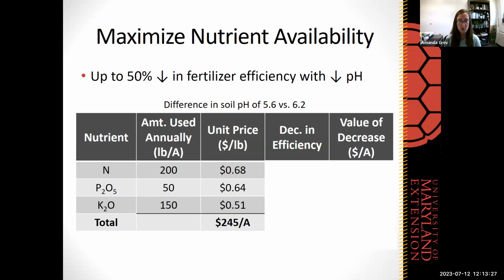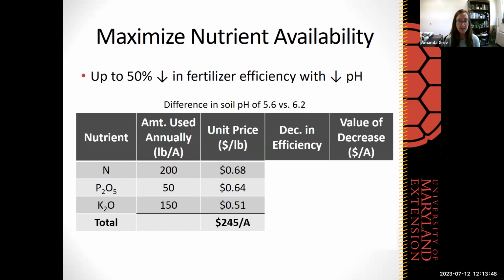So a little bit more neutral, more in that ideal 6 to 7 range. And what you see here is our three major nutrients, so nitrogen, P2O5, K2O, and I just plugged in some numbers for an annual use. This is average. You can change these numbers based on your own operation.